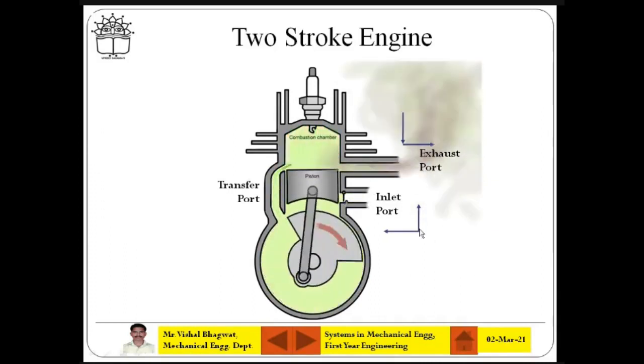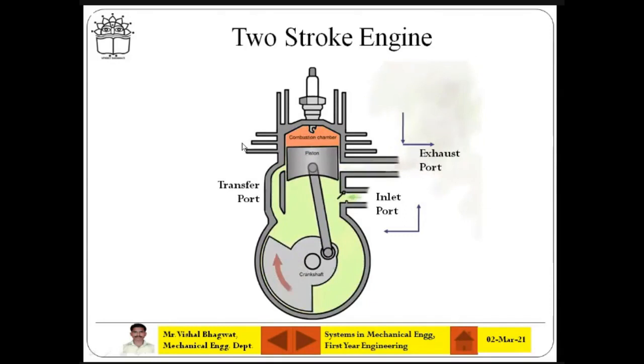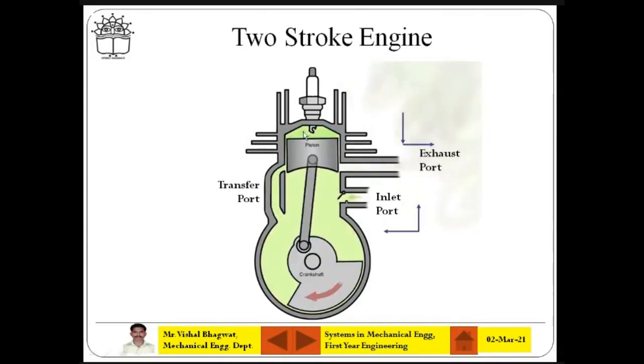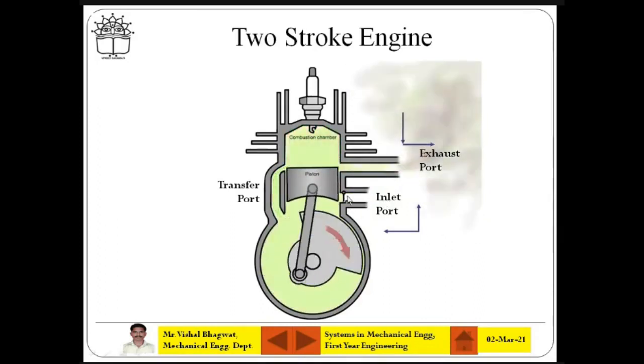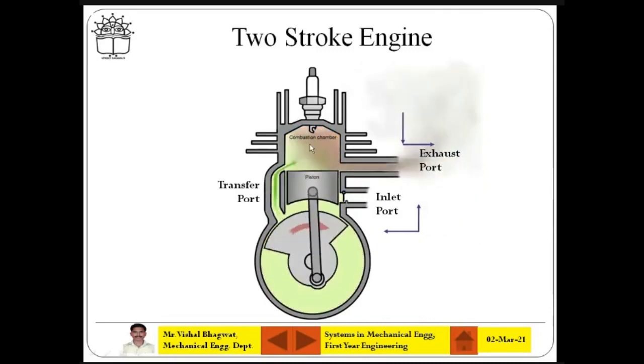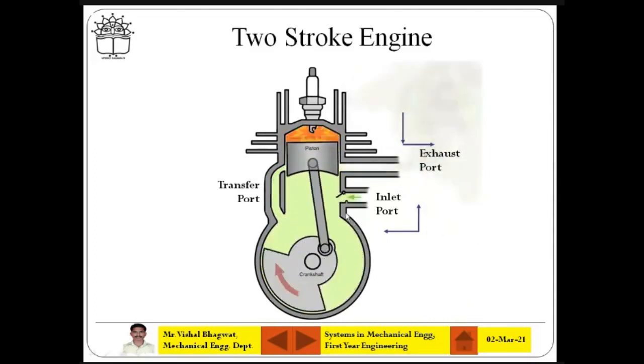So for the piston movement from BDC to TDC, bottom dead center to top dead center, two strokes are happening, suction stroke and compression stroke. In the crankcase it is the suction stroke, and here it is the compression stroke. So two strokes at one movement of the piston from bottom to top.